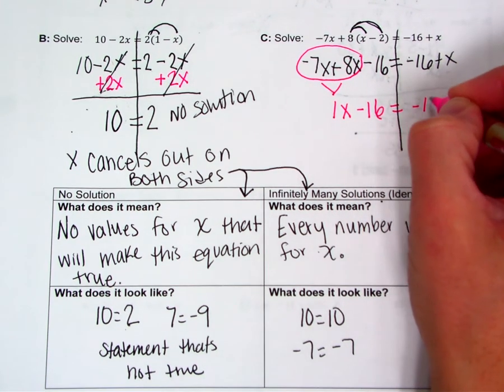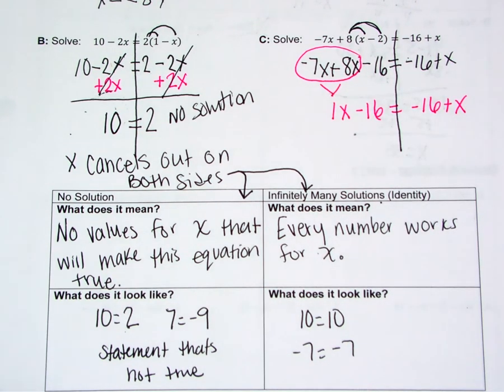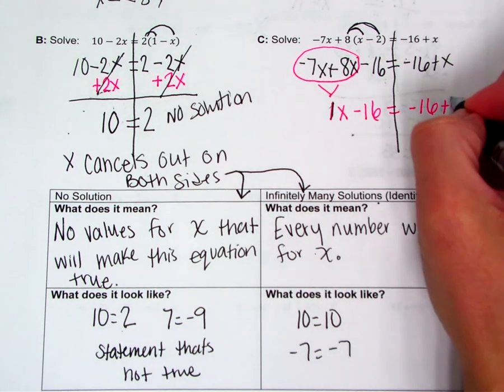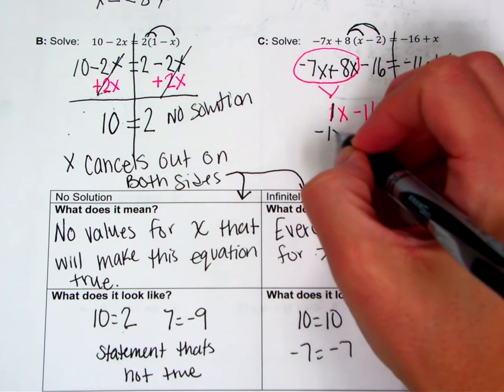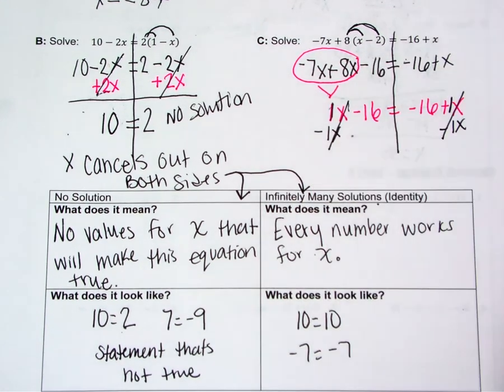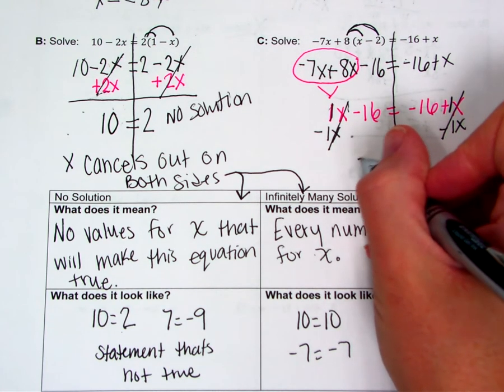1x, and we get to a point here where I'm going to ask which one is smaller. Well, they're the same. I have a 1x here and I have a 1x here. So if I subtract that from both sides, they're going to cancel out.